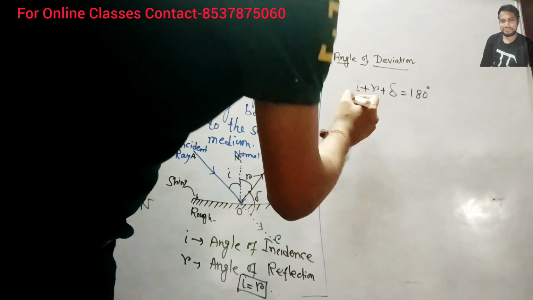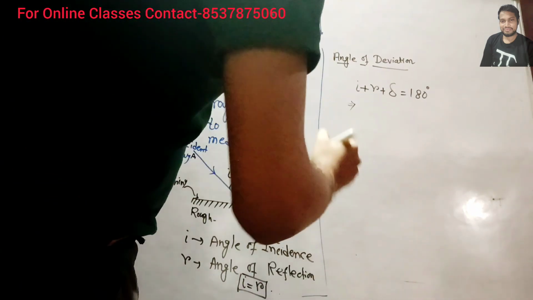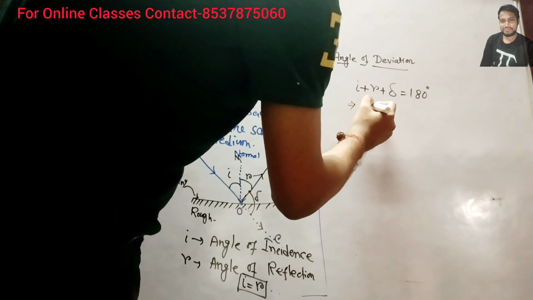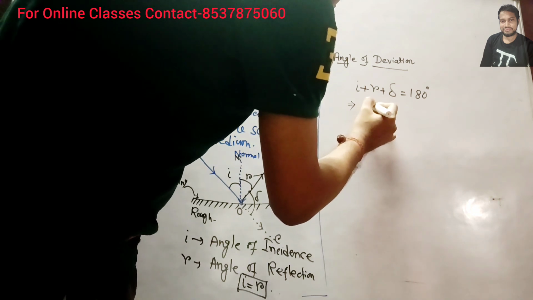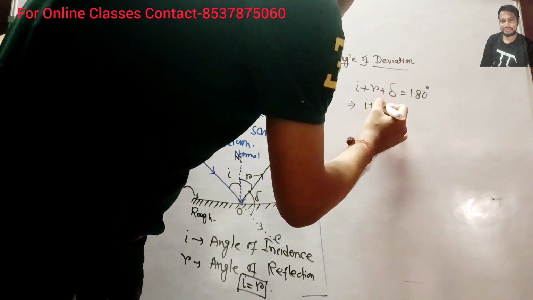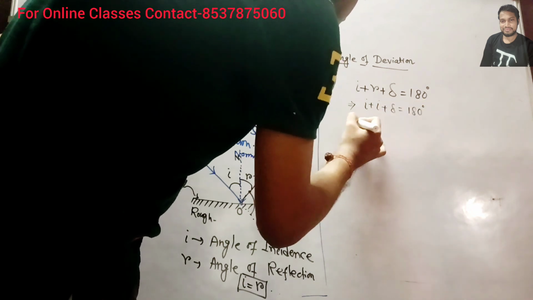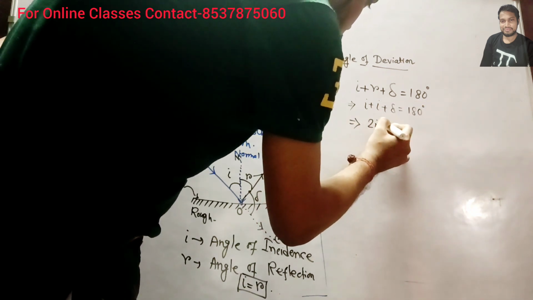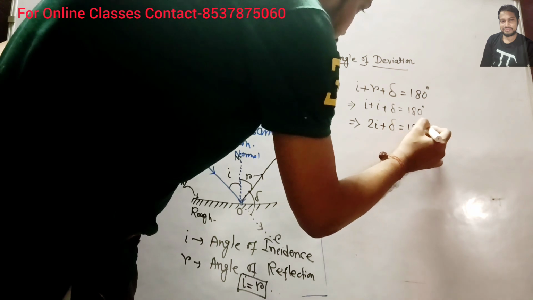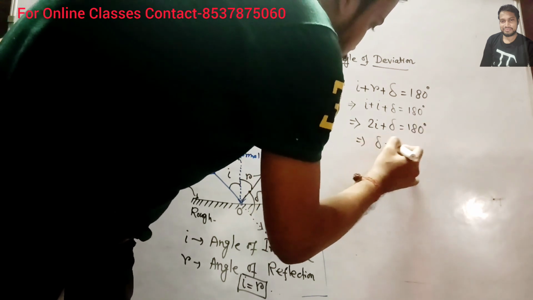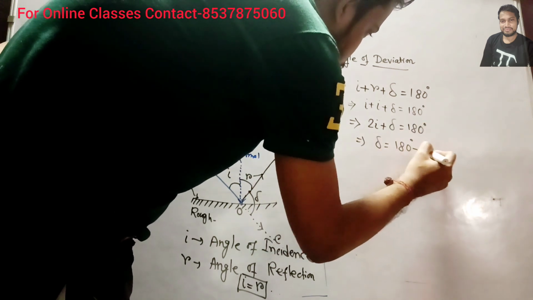Now from the laws of reflection, we can write I equal to R, so we can replace R with I. So 2I plus delta is equal to 180 degrees. So delta equals 180 degrees minus 2I.